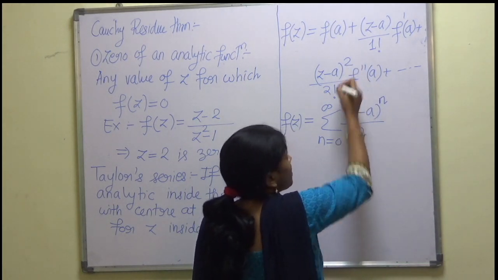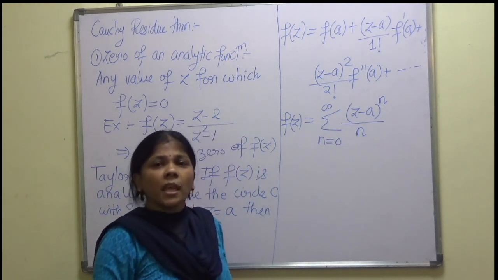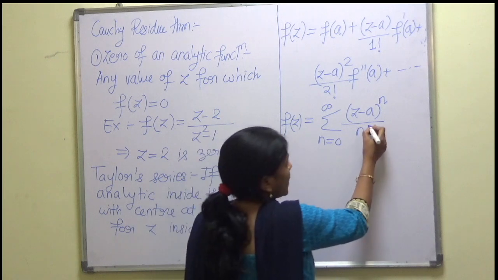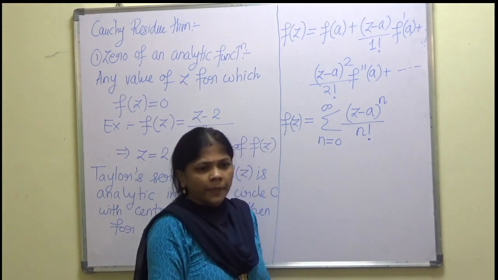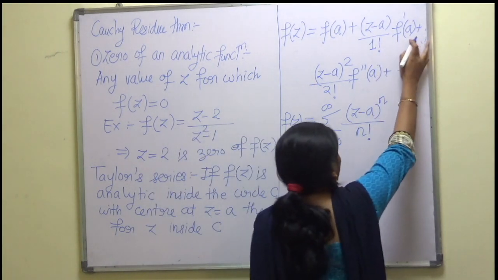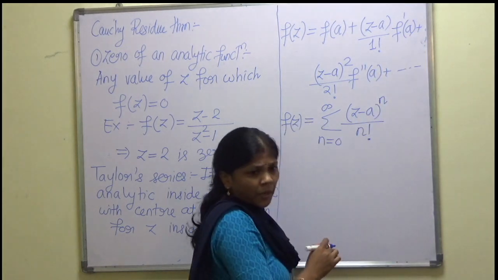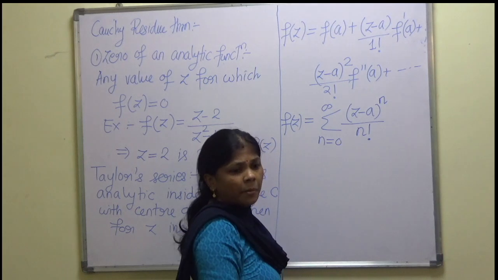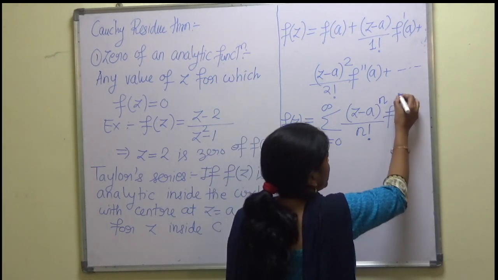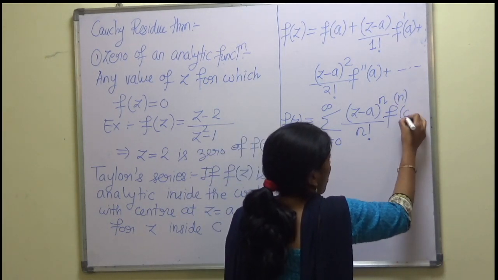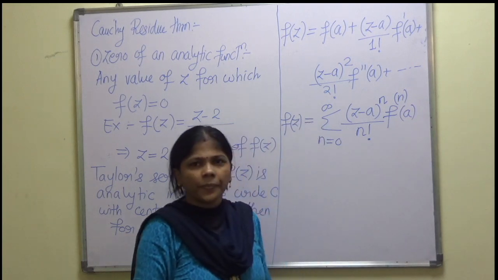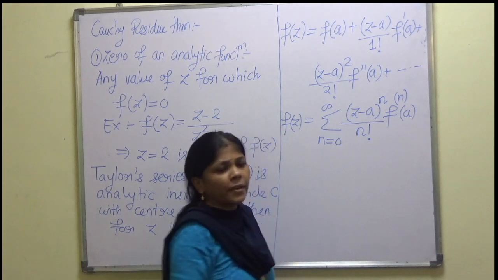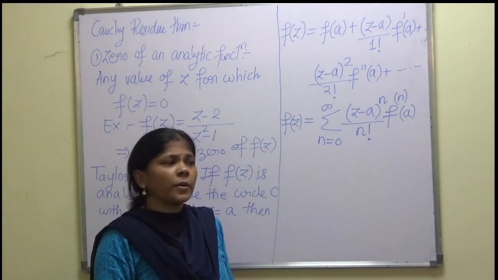Whatever is the power of z minus a, same is the factorial term, so we write n factorial. Then again we observe derivative terms, and the order of the derivative is the same as the power of z minus a. So we write nth derivative of f of z at a, where obviously this is the nth derivative of f of z at z equal to a.